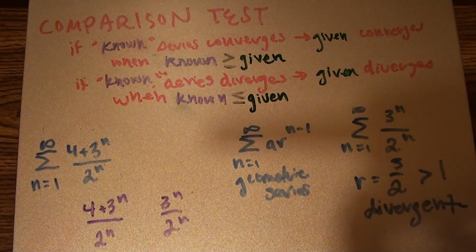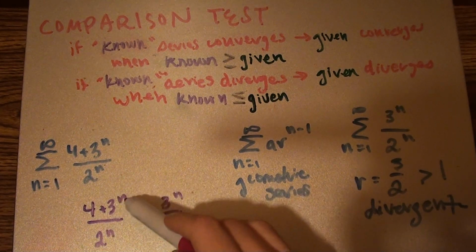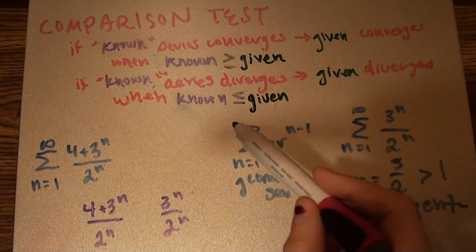We're looking at some nth term, some term n going into infinity. We don't want to just use n equals 1 or something, because that can affect how our series works. Sometimes it might be less at the beginning, but eventually as we go into infinity, our series converges to some number greater than our known series. So we have to think about some nth term as we go into infinity and compare.